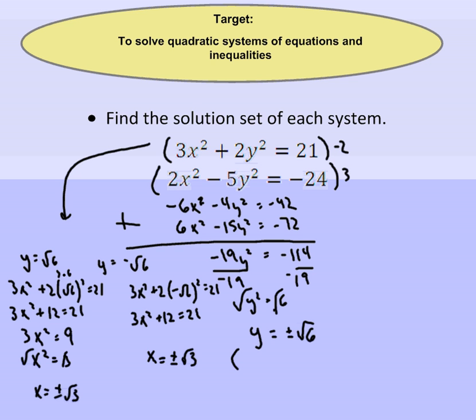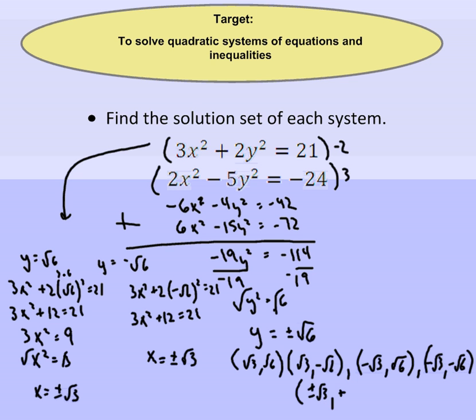Technically, that is 4 solutions, but we can write that as plus or minus square root of 3, plus or minus square root of 6.